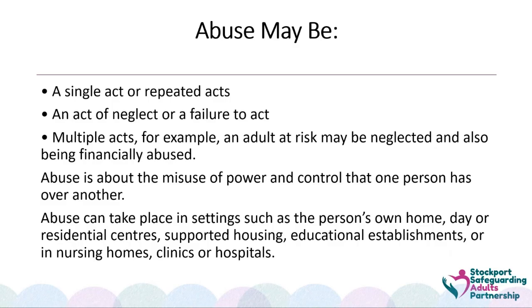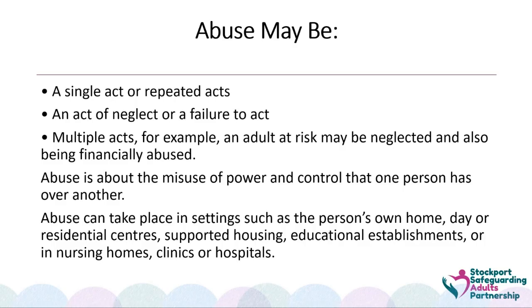In relation to the tool, you'll see that it covers all elements of abuse. So we're going to look at what abuse may be. That is a single act or repeated acts. It's an act of neglect or a failure to act. It can be multiple acts. For example, an adult at risk may be neglected and also being financially abused.